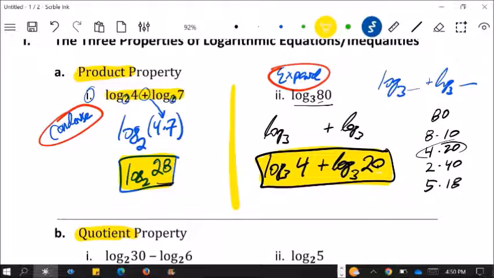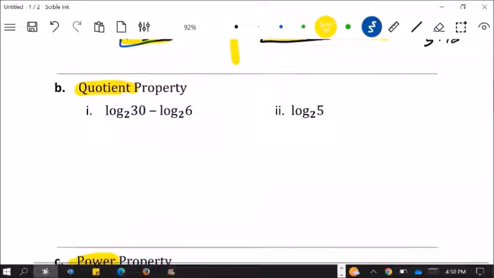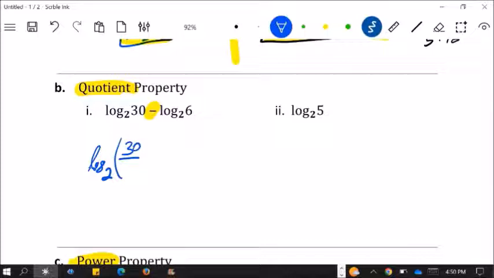Okay. Now, the quotient property is the opposite. Here you have adding leading to multiplying, or multiplying leading to adding. Now we're going to do dividing and subtracting. So when we see that this is subtracting here, that means now we're going to do the log base 2, but we're going to do it now of a fraction with the first number on top and the second number on the bottom.